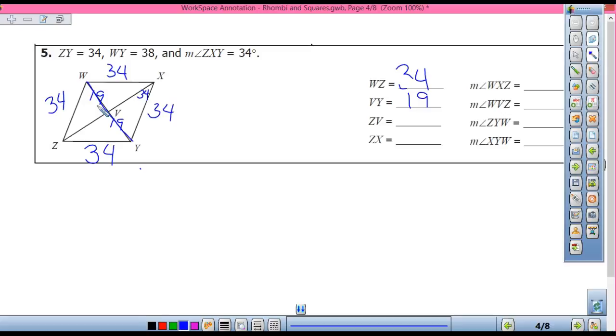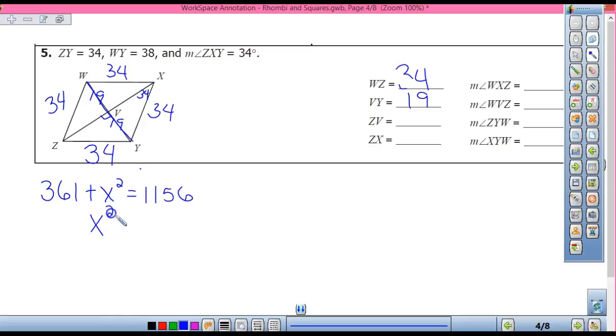ZV. Yeah. Pythagorean theorem, why? Because diagonals are perpendicular. So 361 plus x squared equals 1156.